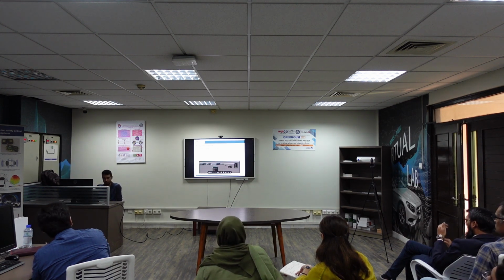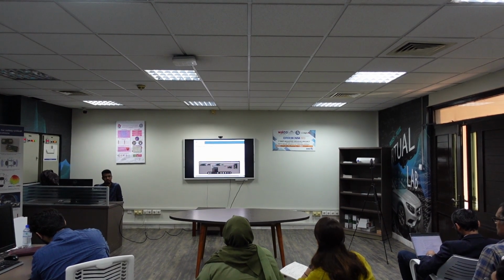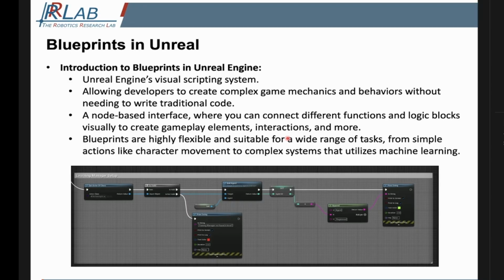It's a node-based interface where you can connect different functions and logic blocks visually to create gameplay elements, interactions, and more. With blueprints, we can create the different actions. We can create how the vehicle is moving. We can import, for example, the sensor spawning code that we created in the lab. We can run it in the blueprint. So we can do a lot with a blueprint.